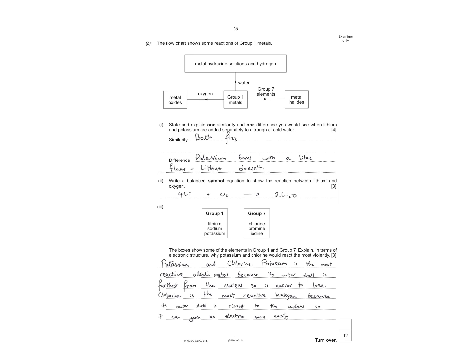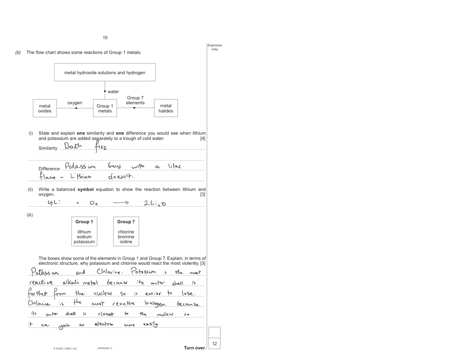Write a balanced equation to show the reaction between lithium and oxygen. Well, I've got 4Li + O2 gives me 2Li2O. And the way that we work this one out is I know that lithium plus oxygen will give me lithium oxide.